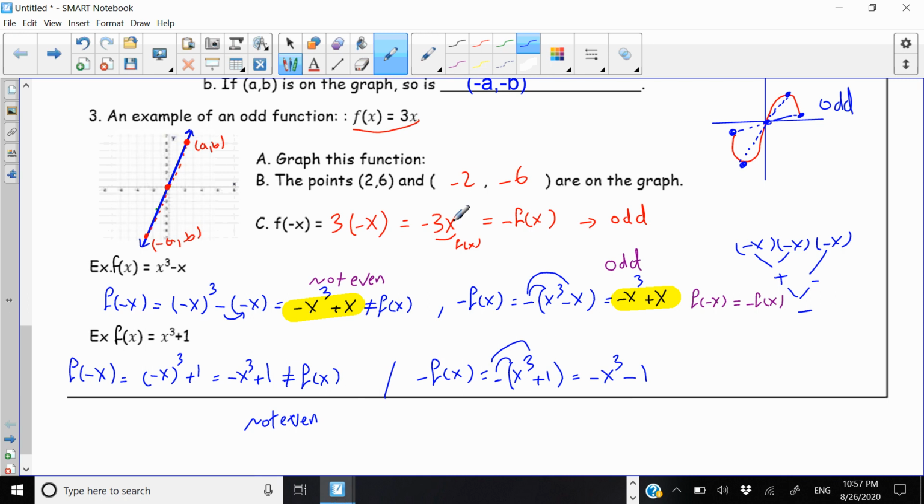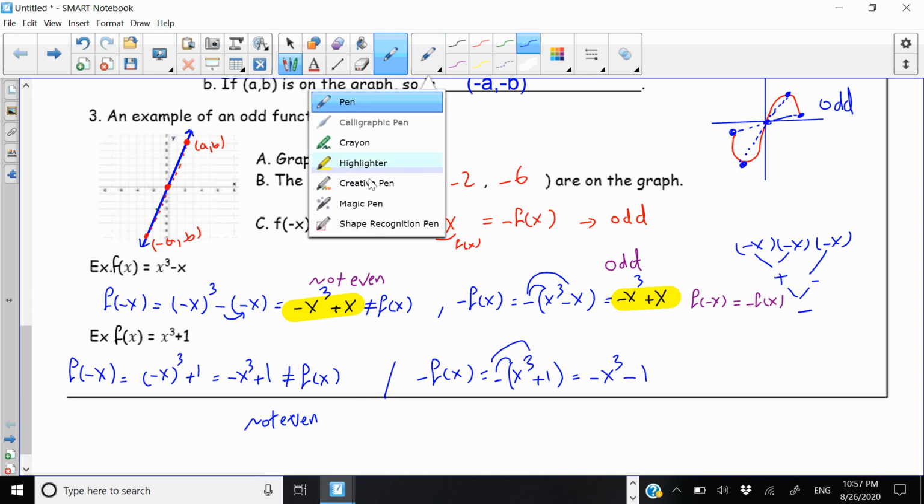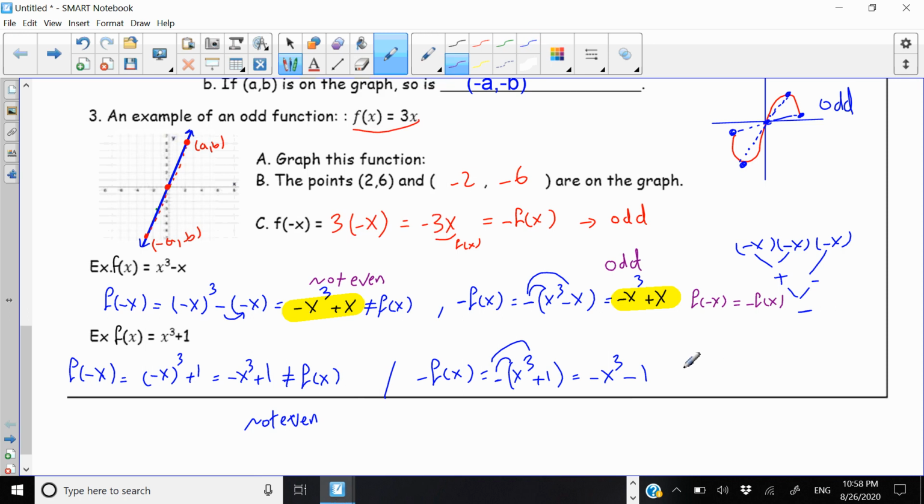Okay, what happened this time? Is this equal to f of negative x? No, they are not equal to each other. So f of negative x is not equal to negative f of x.